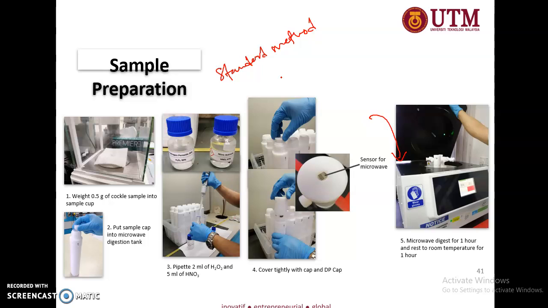So in this standard method, the microwave digestion is used with hydrogen peroxide and nitric acid, put inside the respective tubes for the microwave digester, and then you just proceed with the instrument.